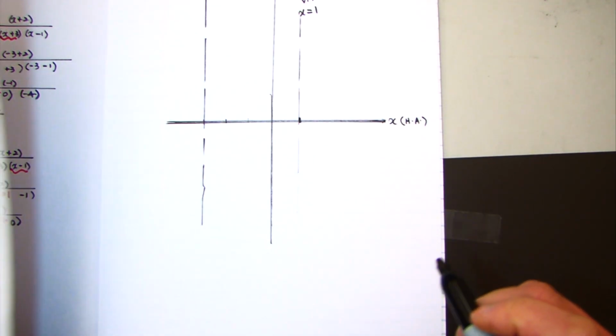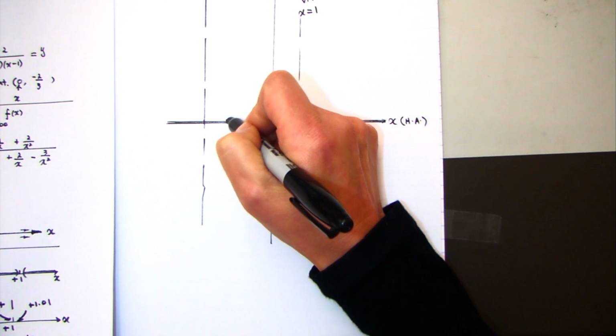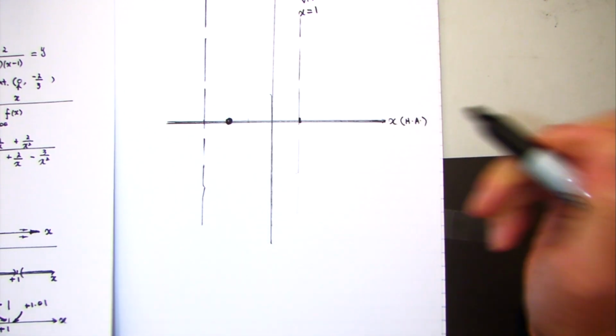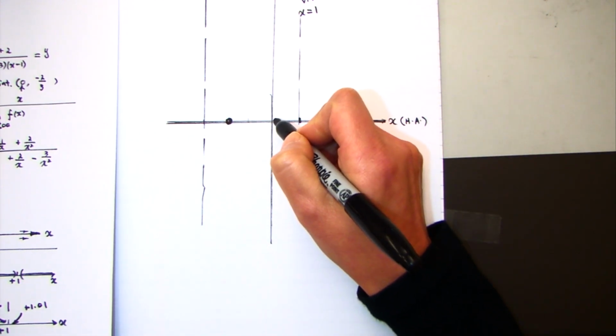We pass through intercepts (-2, 0) and (0, -2/3).